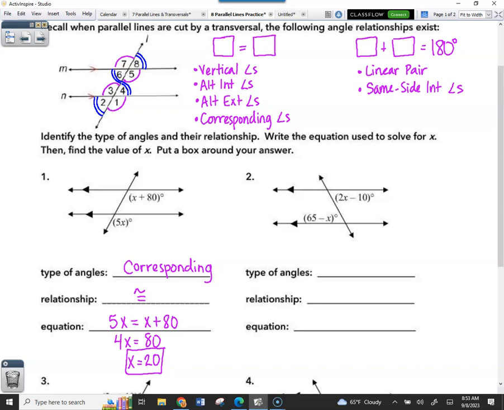All right, let's try 2. So your first job is to identify the type of angles, then state the relationship.